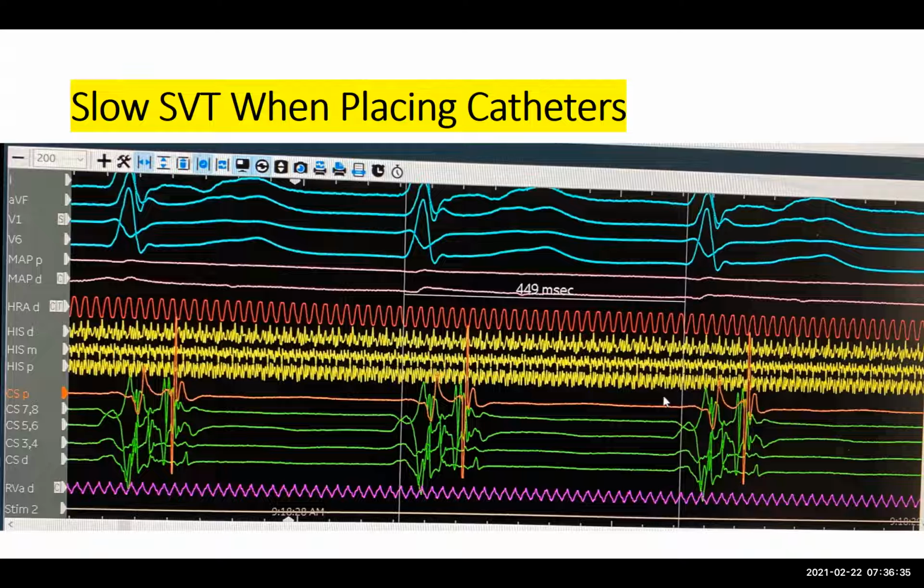And I'm trying to look if the A waves. I think it's earliest here, where you're pointing. It's earliest here in, I think, 3, 4, I would say.